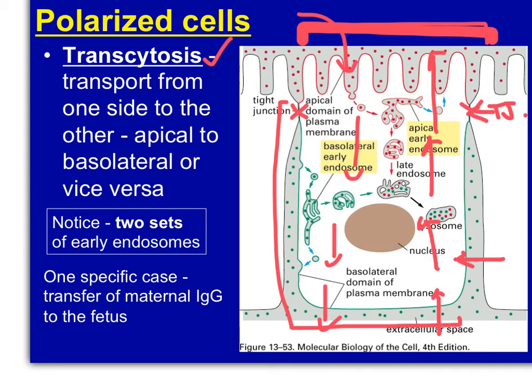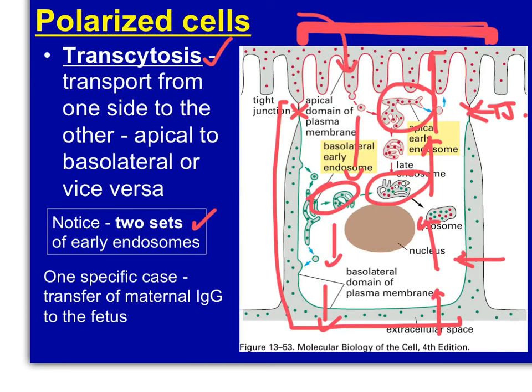And what happens in these particular cells is they have two sets of early endosomes. You can have an apical early endosome, and you can have a basolateral early endosome. Yes, basolateral early endosomes. And where molecules meet is actually at the late endosome in these particular cells.